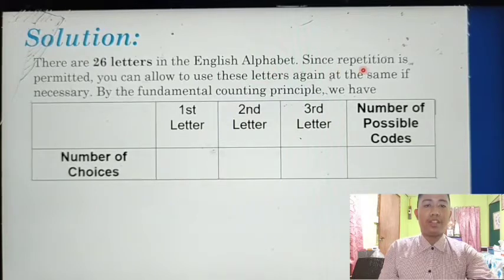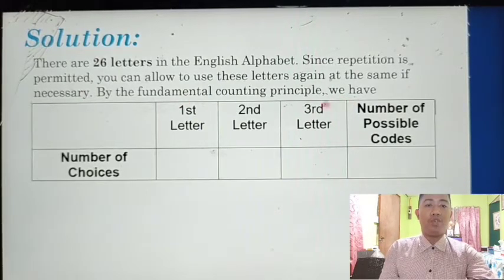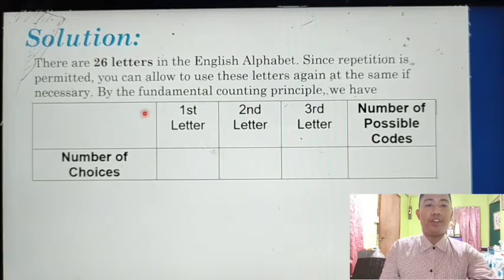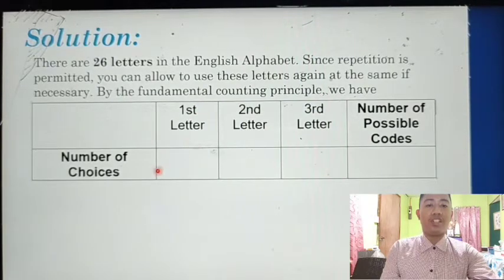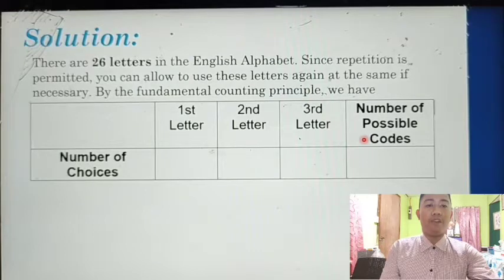Since repetition is permitted, you can use these letters again if necessary. If the fundamental counting principle is applied, we use tables to clearly illustrate the number of choices for every letter, to determine the number of possible codes formed using the English alphabet.